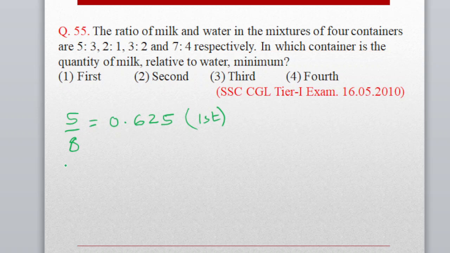Now in the second container it is 2/3. How is it 5/8 in the first container? Here milk is 5 and the total is 5 plus 3, that is 8. That means out of 8 parts, milk is 5 parts, so it is 5/8. And in the second container, the total is 2 plus 1, that is 3. Out of 3 parts, milk is 2 parts, so it is 2/3.